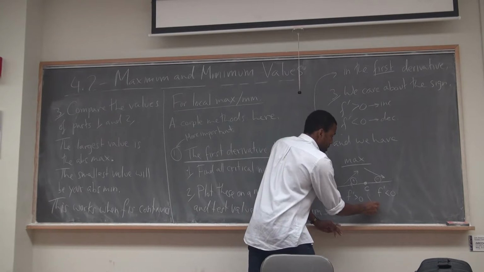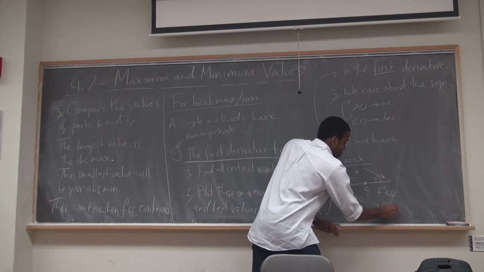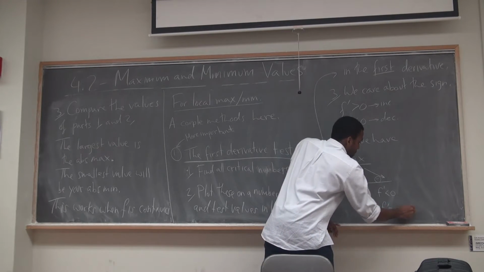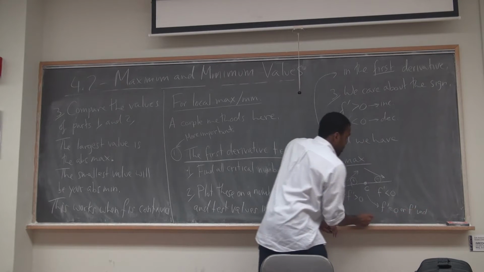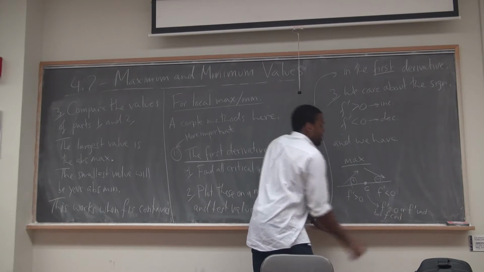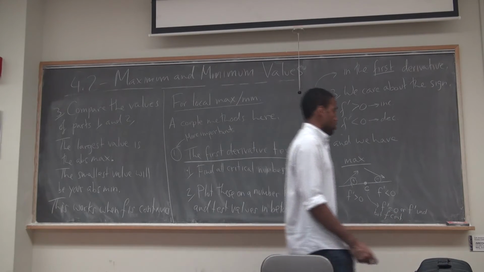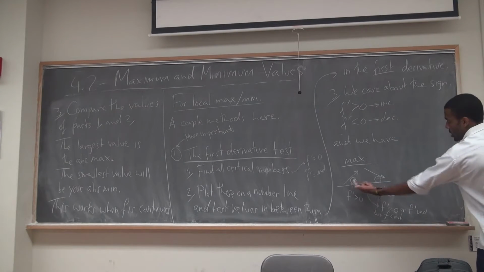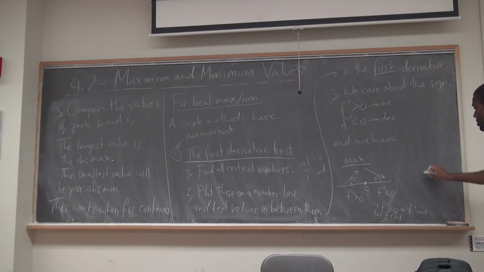And at this point, f prime equals 0, or f prime undefined, but of course f itself is continuous. Right? That's how you know you'd have a max, right? If you go from a plus to a negative, you know you hit a max, right?